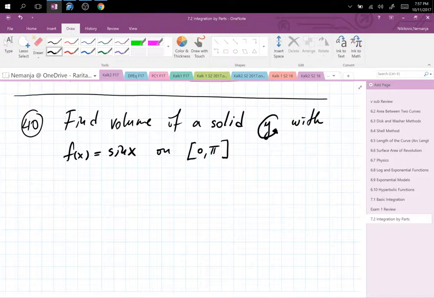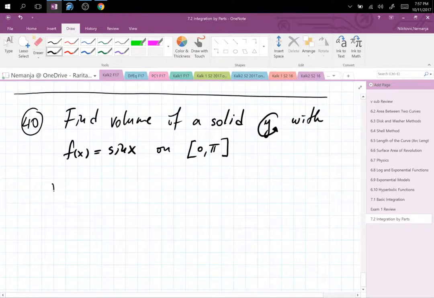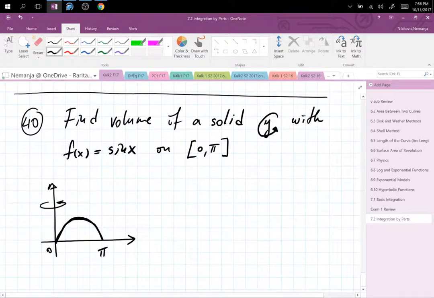All right, so let's see. We know that all of these, we start with a sketch. So this is the 0 to pi bump for the sine function. We are rotating on the y-axis. So which method do we have to use? Shell.